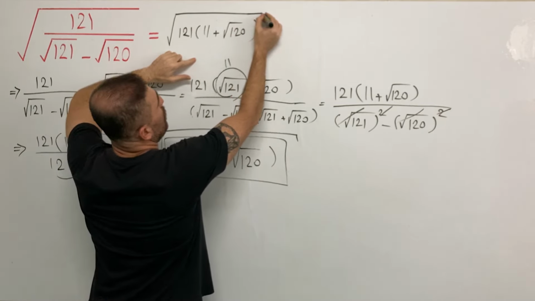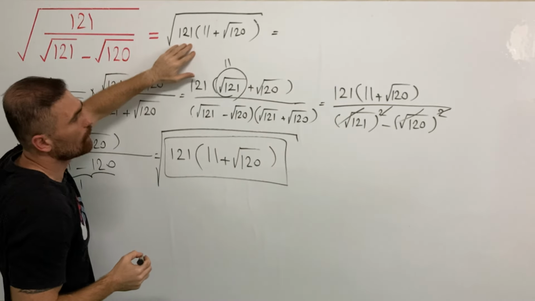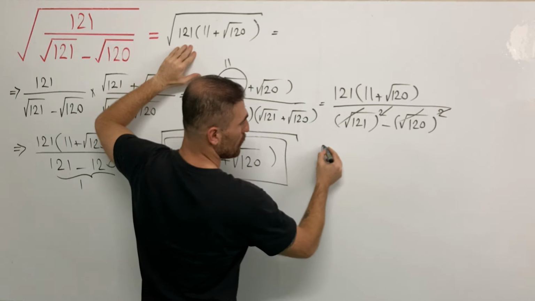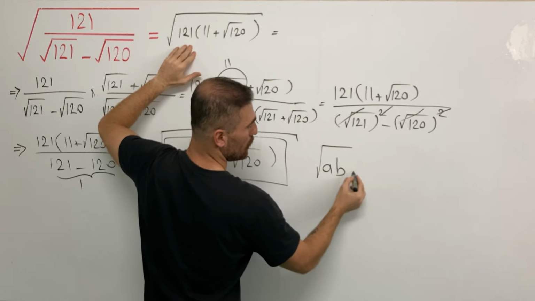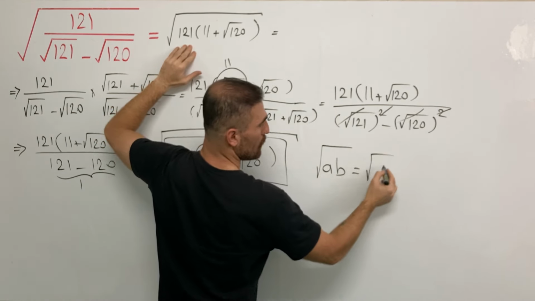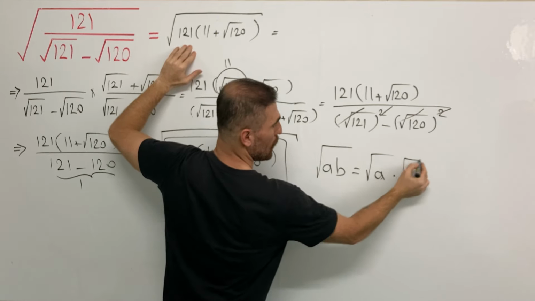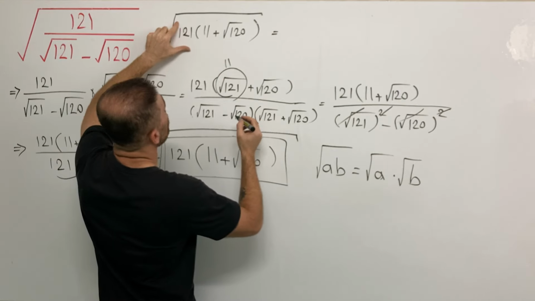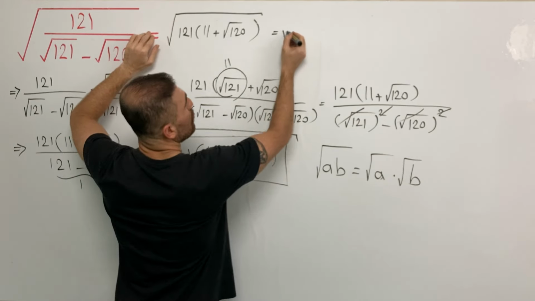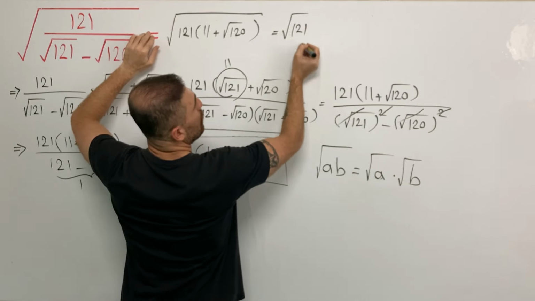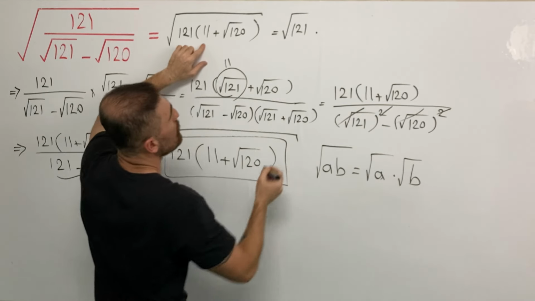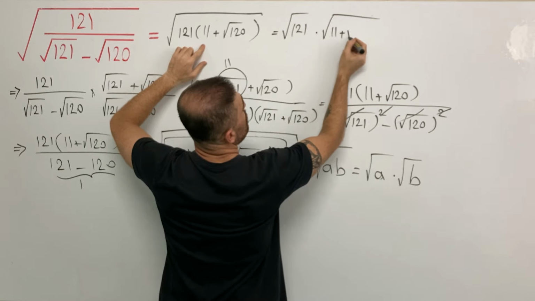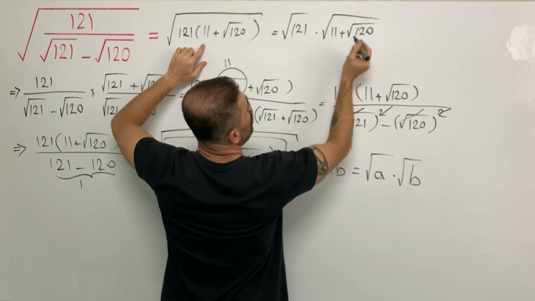So what is this? Now I'm going to get help from this rule that says square root of a times b can be written in the form of square root of a times square root of b, right? So this is going to be square root of 121 times square root of 11 plus square root of 120.